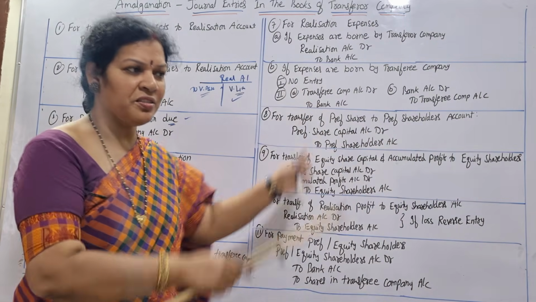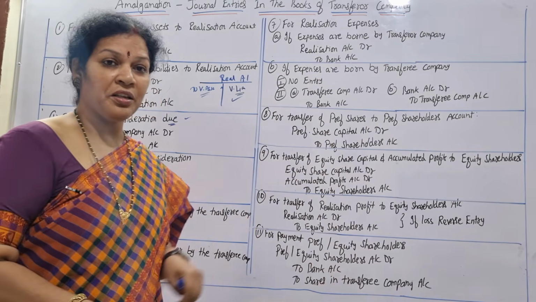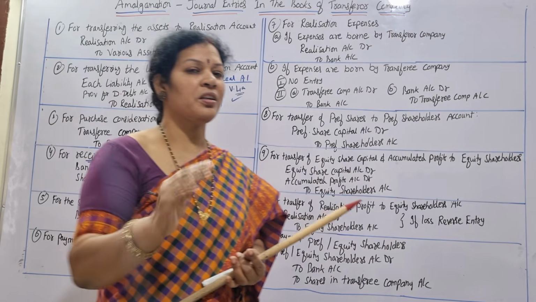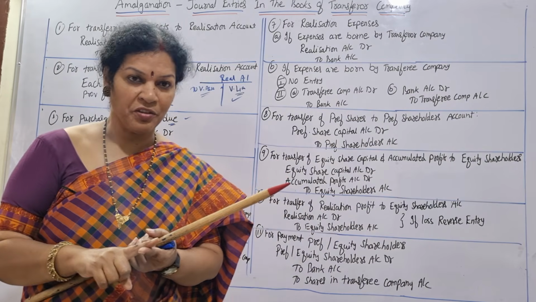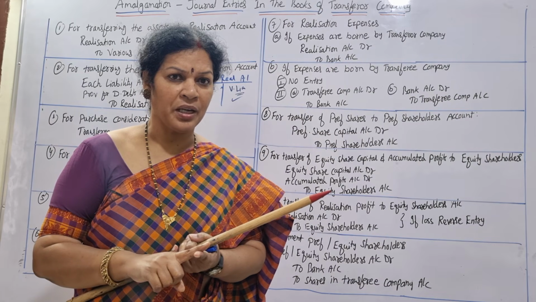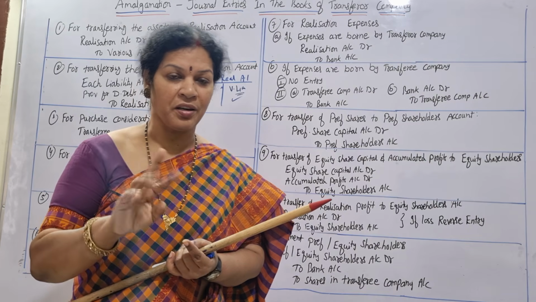If you understood now, these entries are quite easy. Now you see the seventh entry, for realization expenses. During the realization some expenses will be there. If realization expenses are there, who has to bear them? Sometimes transferor, sometimes transferee. Both cases are there.